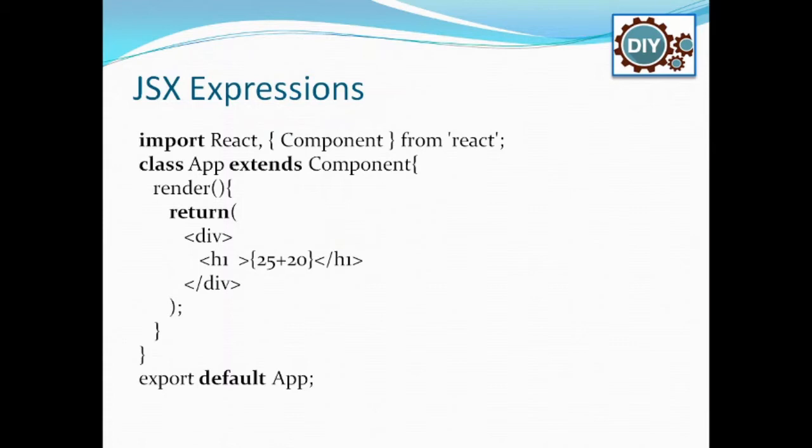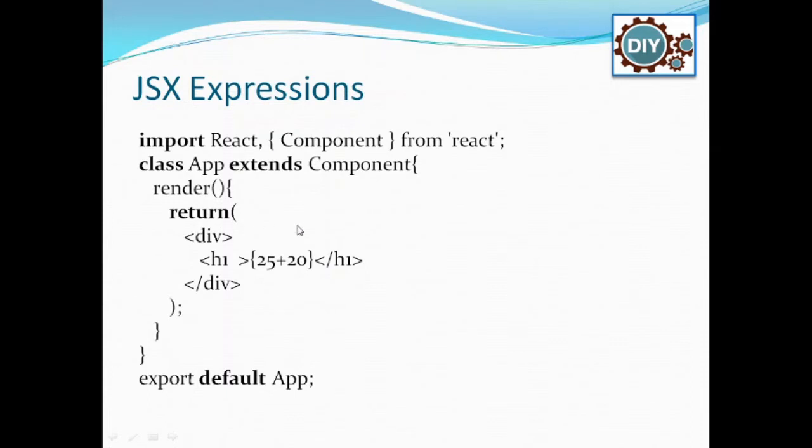JSX supports expression language. When we write components in a React application, we will be rendering the content, meaning the presentation part we write as part of our render function. Inside we write a return, and there we write the JSX syntax.